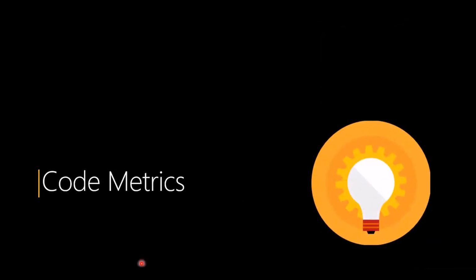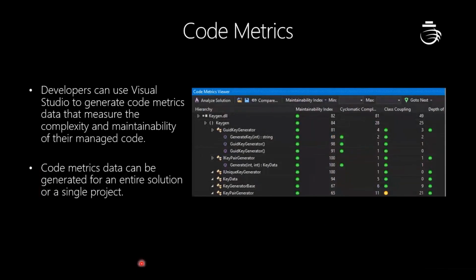The next one is code metrics. Code metrics is nothing but an overall health indicator. To view the overall health of the code, we can use the calculated code metrics feature. After the project is created, the developer must know whether it is maintainable or not, right?